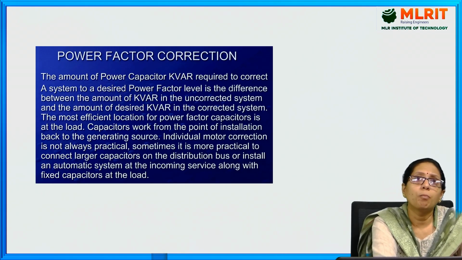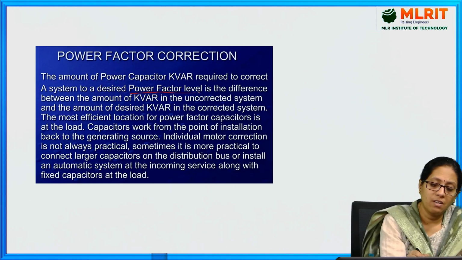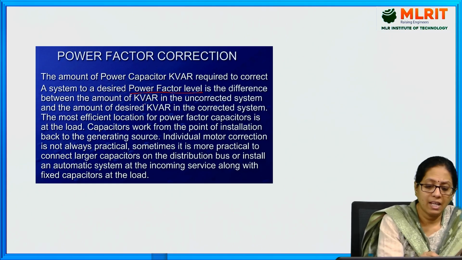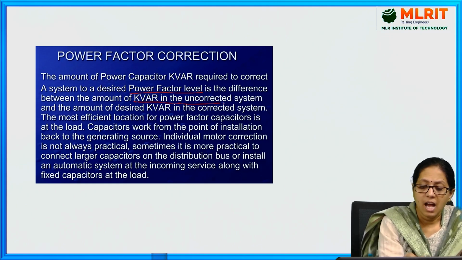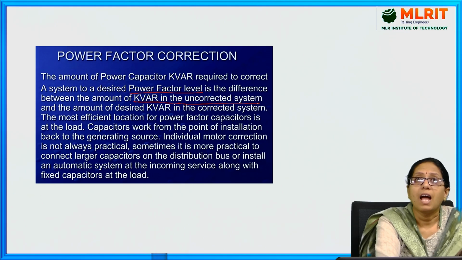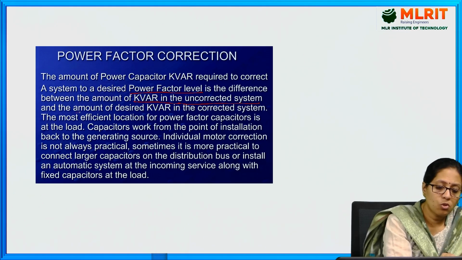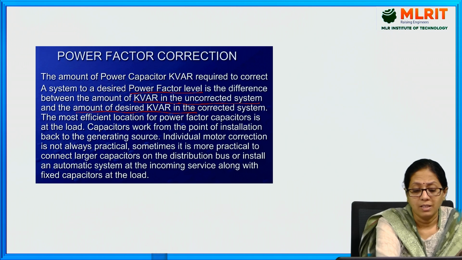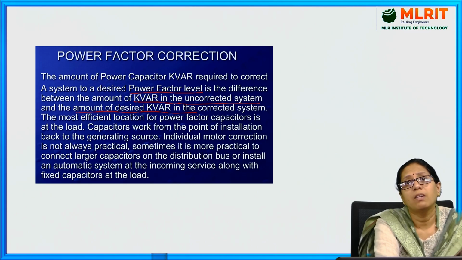The amount of KVAR required to correct a system to a desired power factor level is the difference between the KVAR in the uncorrected system and the desired KVAR in the corrected system. That means the actual KVAR produced and the compensated KVAR which we give by using a capacitor.